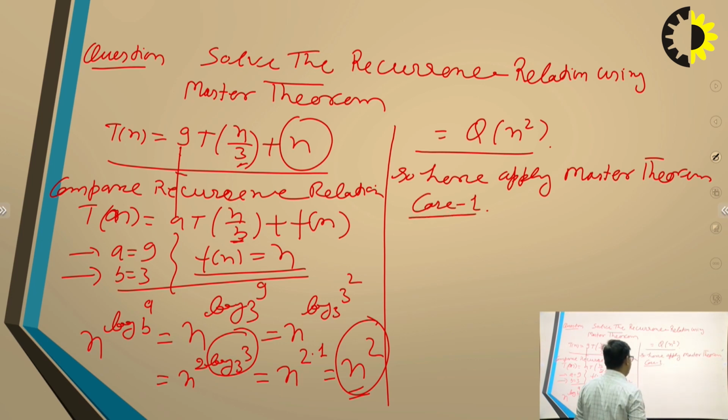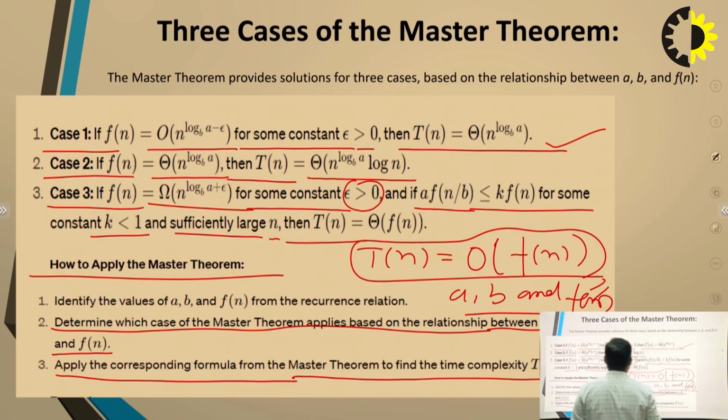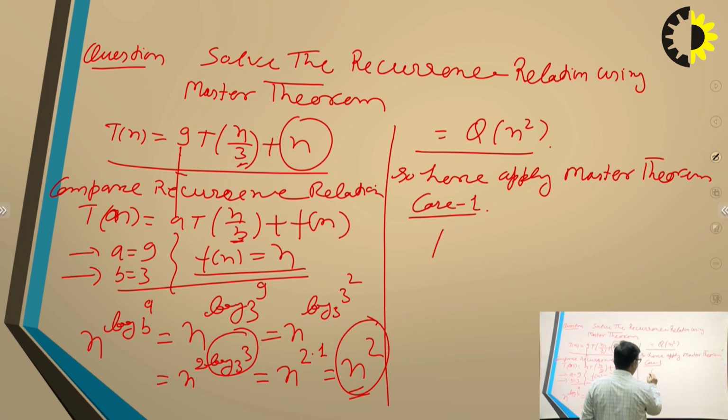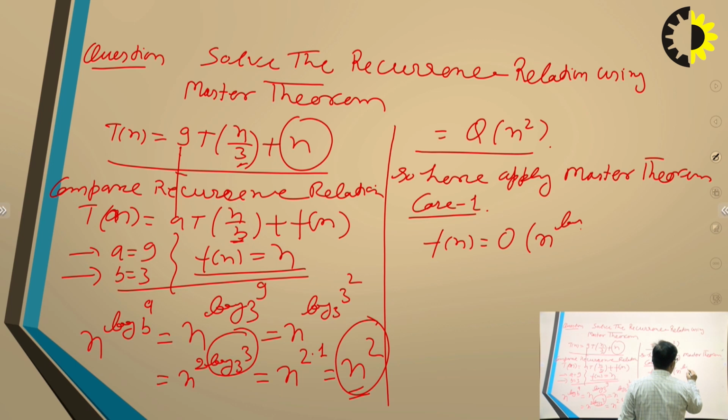What is the case 1? Fn equals to big O n to the power log a base b minus epsilon.